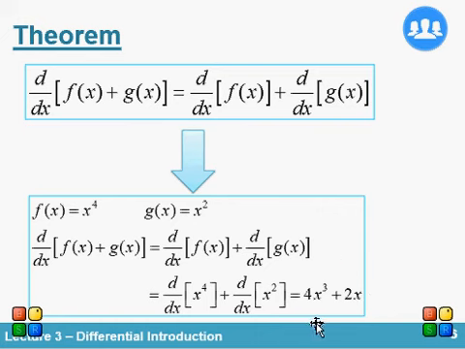And we use the second simple formula for the differential. 4 becomes the constant and the power minus 1: 4 times x cubed, plus, and then 2 becomes the constant and the power must be minus 1, so the differentiated function becomes 2 times x. So this is the differentiated function.